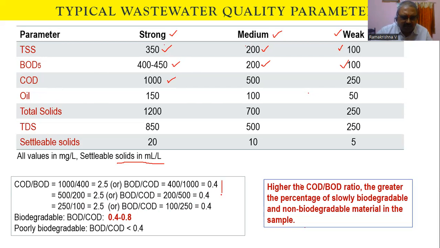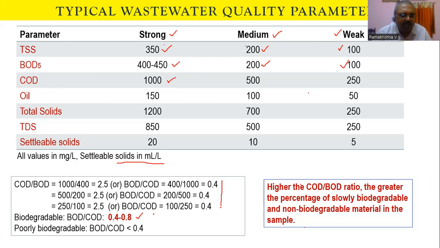What does it indicate? 0.4 is the ratio which is more critical here. What exactly does that mean? Sewage is biodegradable when the BOD to COD ratio is 0.4 to 0.8, that is, more than 0.4. It is easily biodegradable.